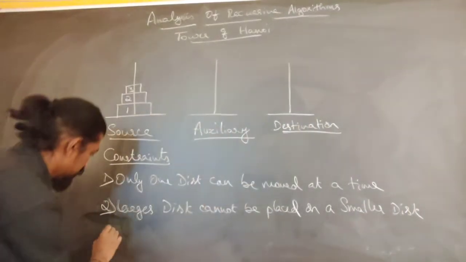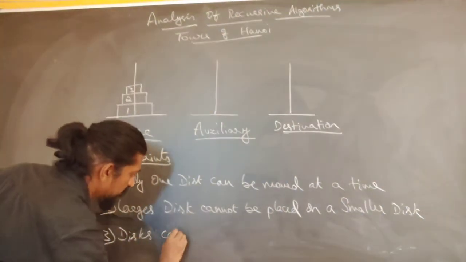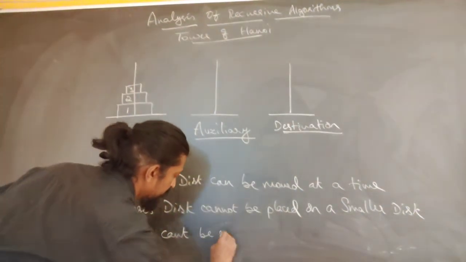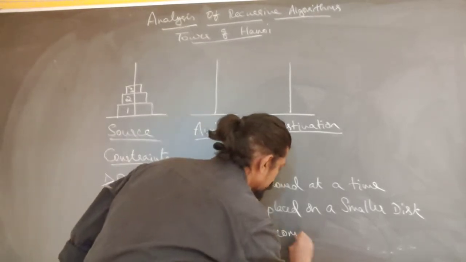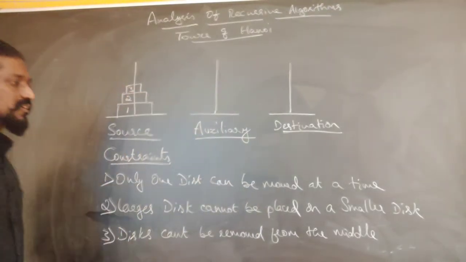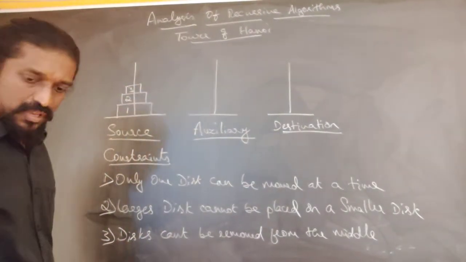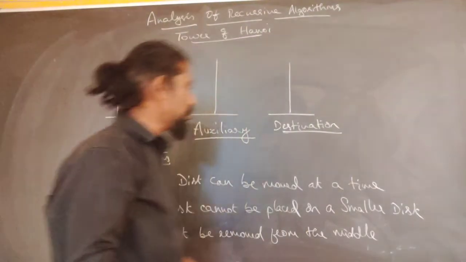And the third constraint is discs can't be removed from the middle. So we can't remove the middle disc from the stack of these discs. So keeping these constraints in mind, we need to solve the Tower of Hanoi problem.